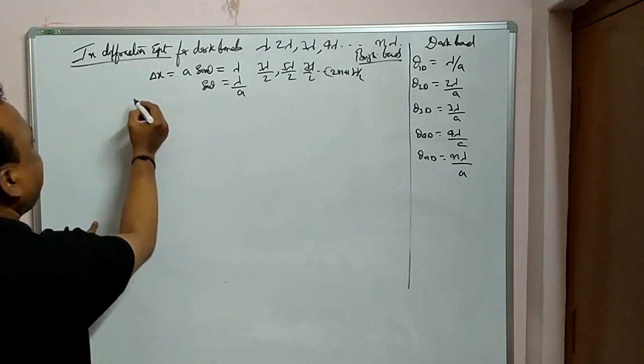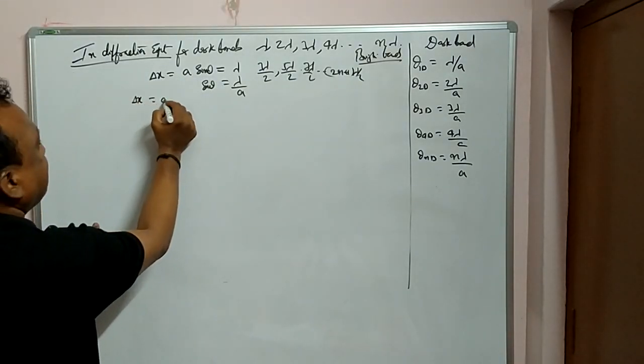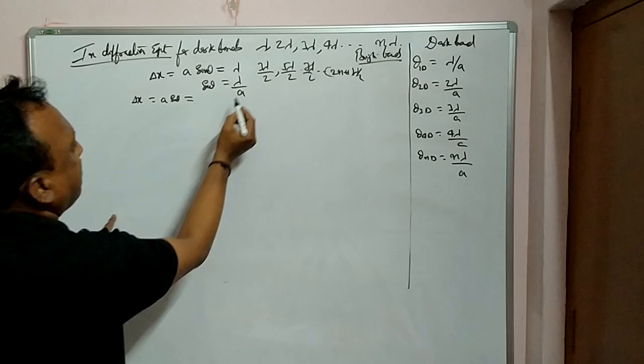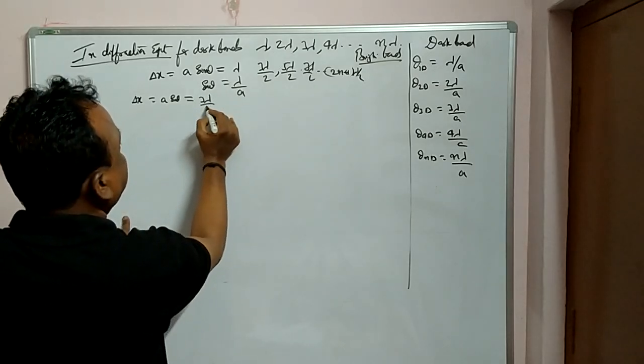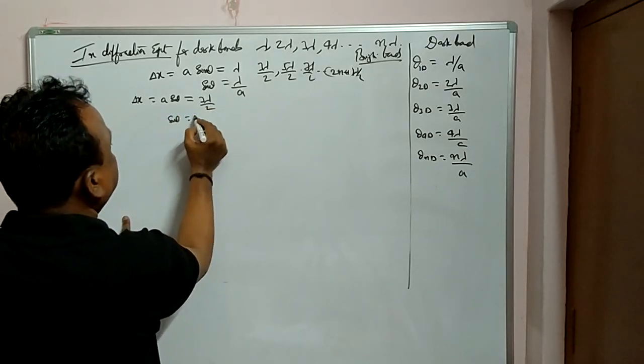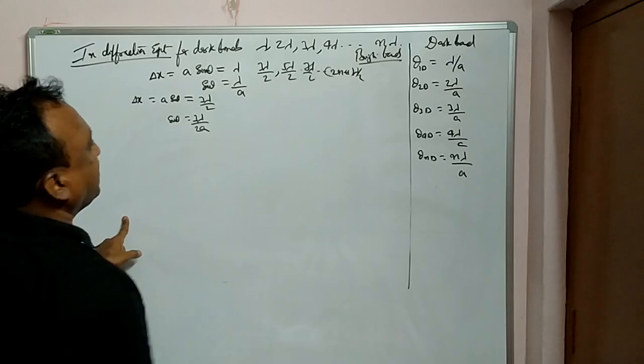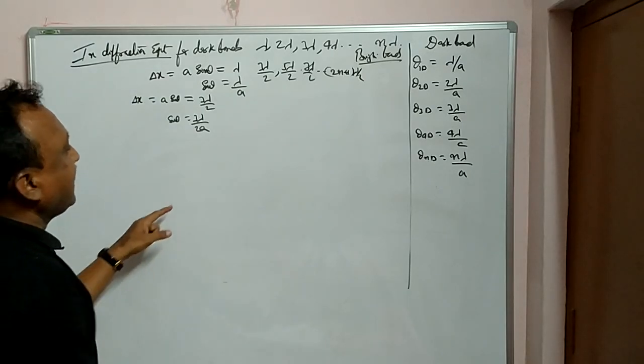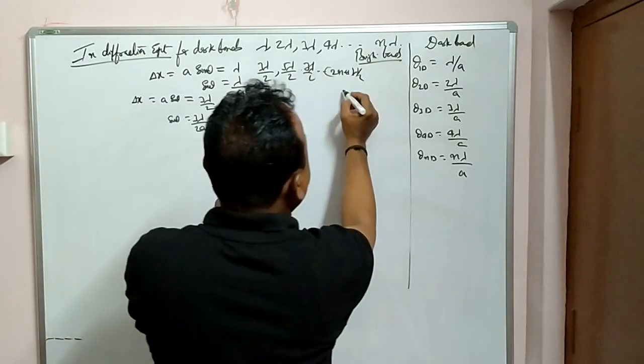So what happened here? Delta x, the path difference a sin theta, was equal to what? 3 lambda by 2, or sin theta is equal to 3 lambda by 2a. Understood?